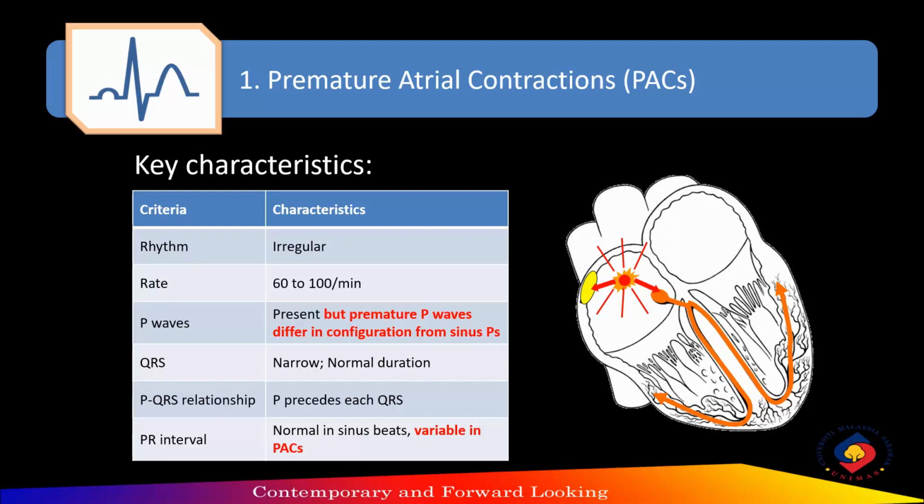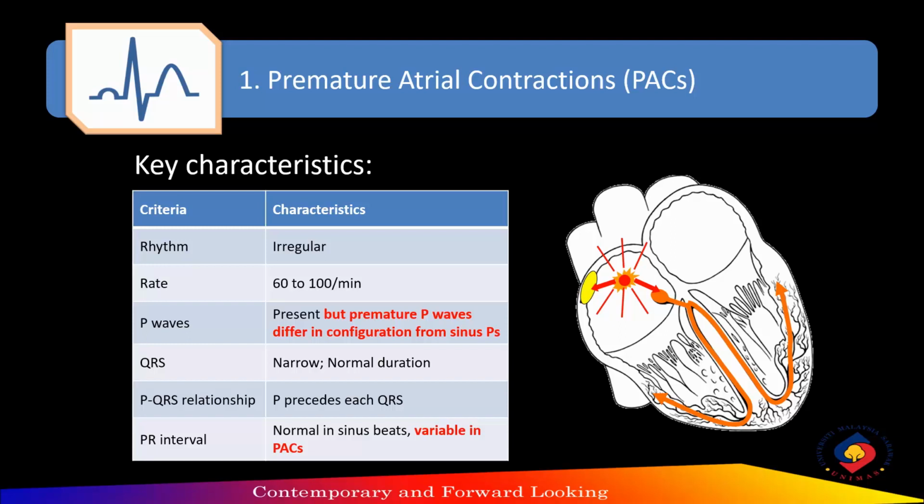P waves for a PAC are present and face upright but differ in morphology when compared to other normal sinus P waves within the same rhythm strip. This is one of the key characteristics of a PAC. The next key characteristic of a PAC is that it precedes, or occurs before, a QRS complex.